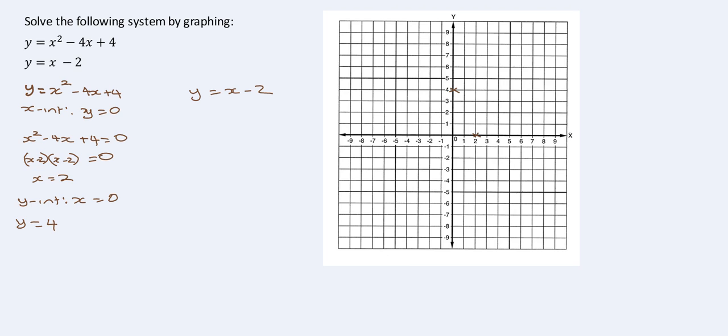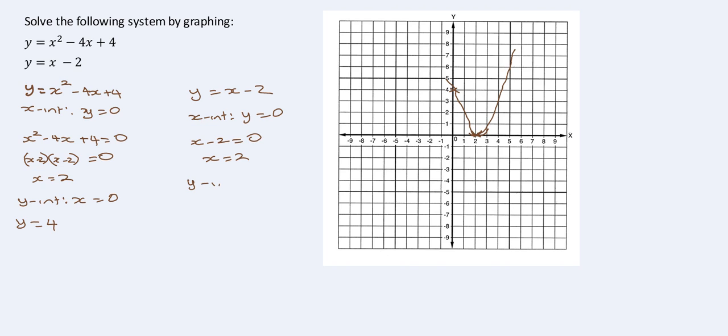So our graph is going to look something like this. So we have right here, this comes right about here and goes right there. And then let's look at the second graph. At the x-intercept, y equals 0. So we have x minus 2 equal to 0, so x equals 2.